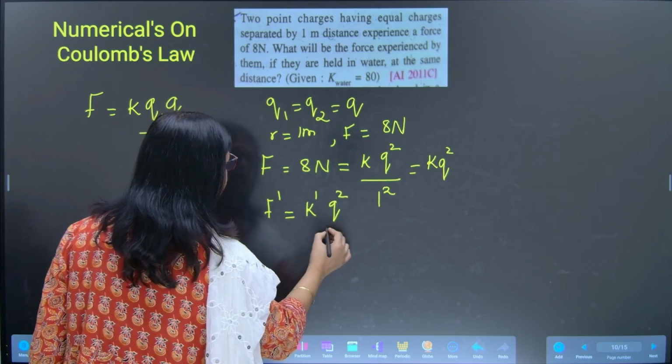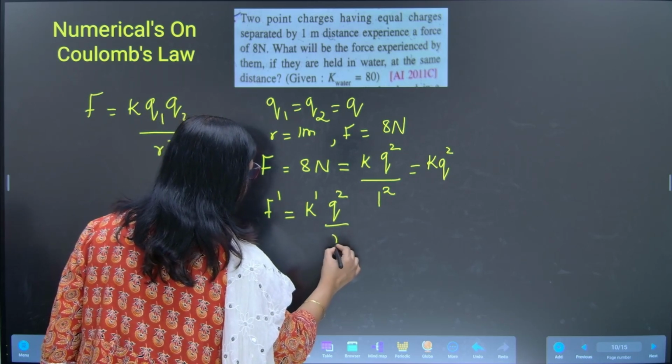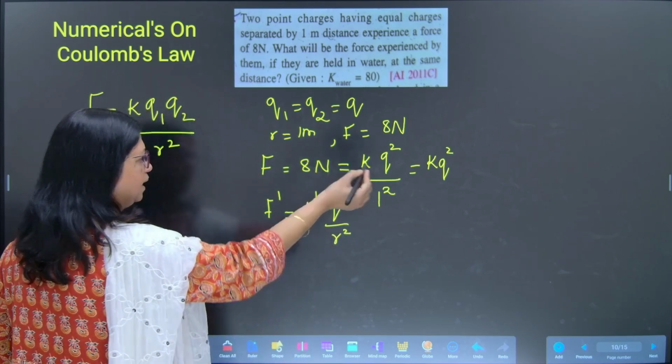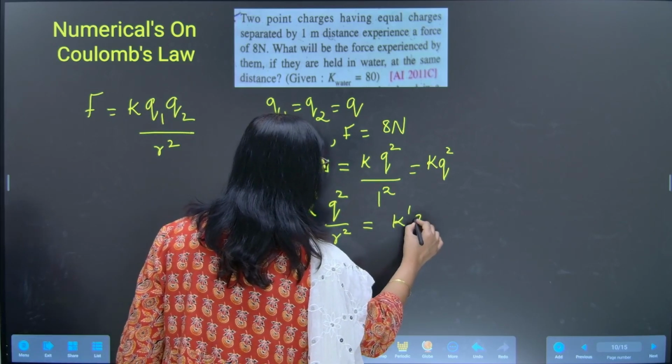So I write the formula of F dash as K dash Q square upon R square, which is already mentioned above as KQ square.